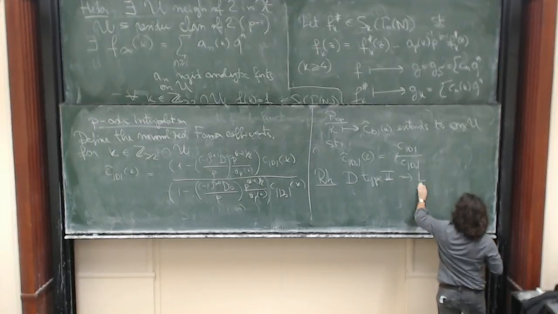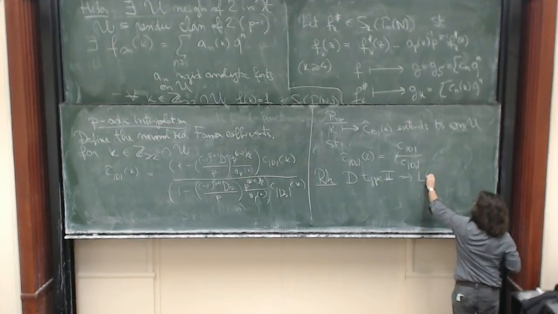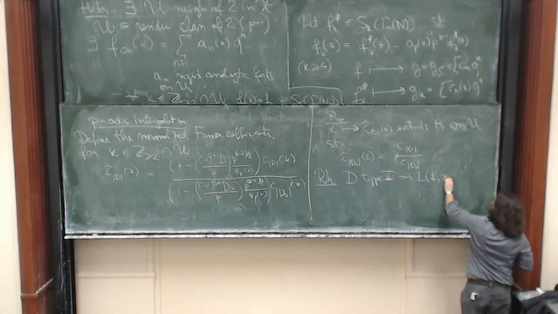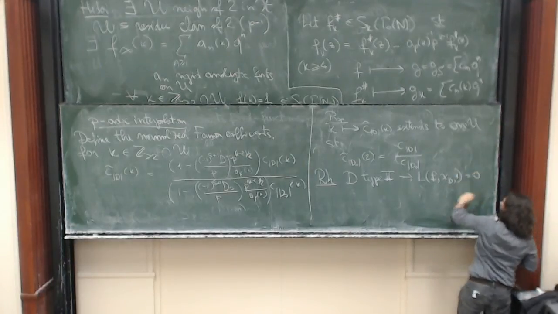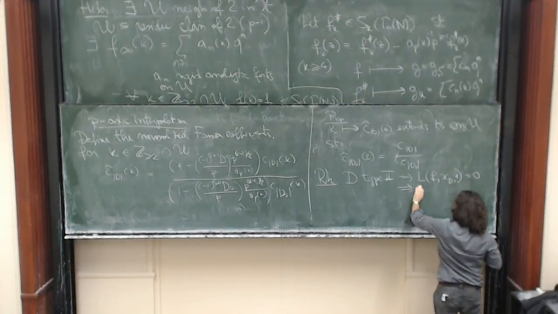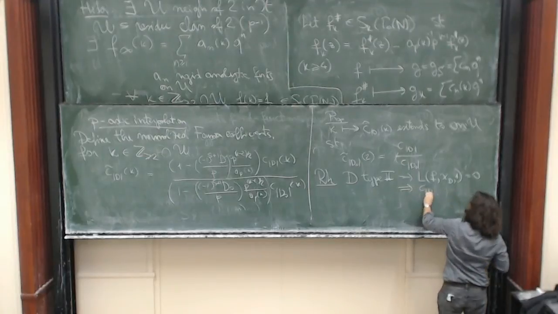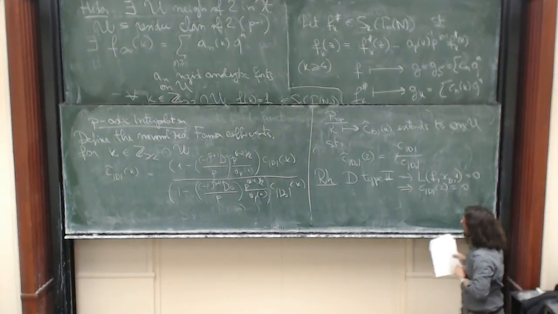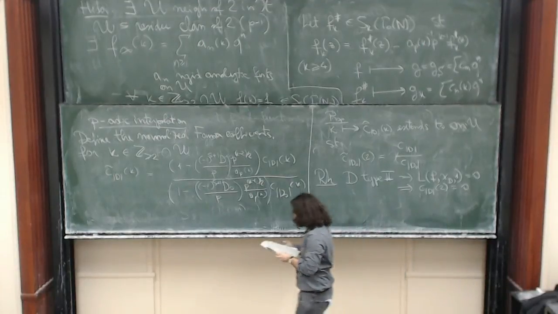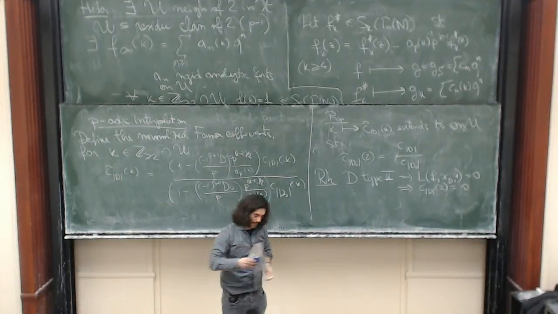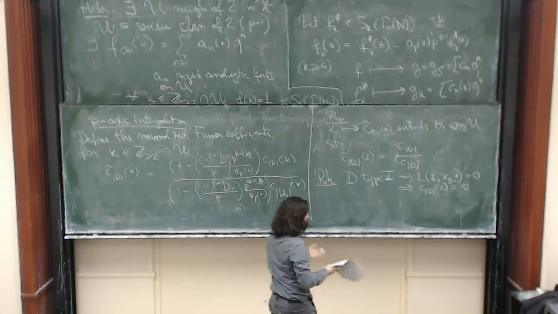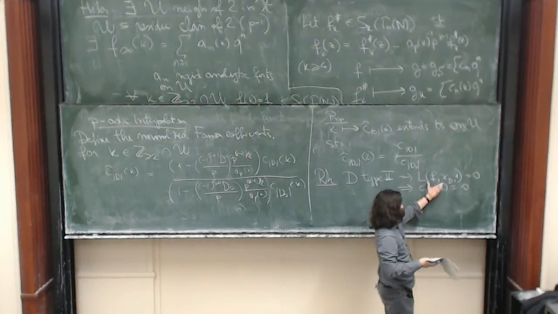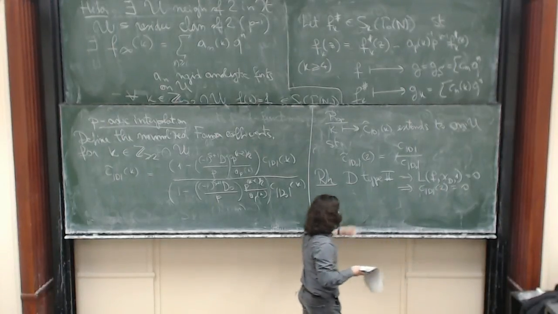Then we know that the L series of F vanishes, and this also gives us that the Fourier coefficient at D vanishes. This is the result of Baruch-Mao, which I mentioned before, because it expresses the observation we already did.